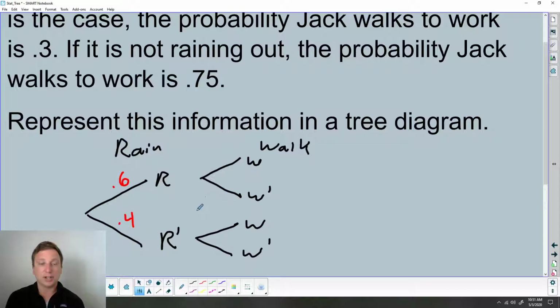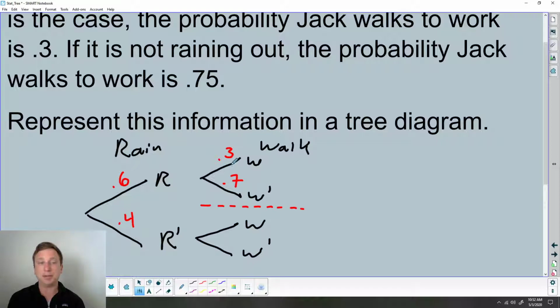Now, consider it raining or not raining. Jack either walks to work or does not. The probability of it raining, we're in this branch now, the probability Jack walks to work is 0.3. When we're looking at this vertically, we're only looking at everything above this dotted line, because below is a different set of outcomes. So it raining and him not walking to work would be 0.7.